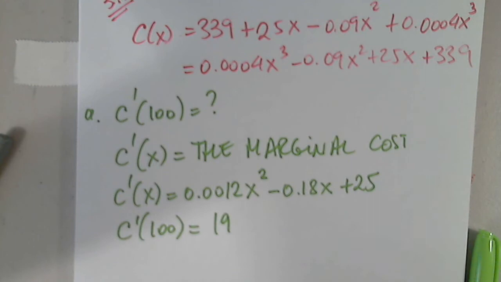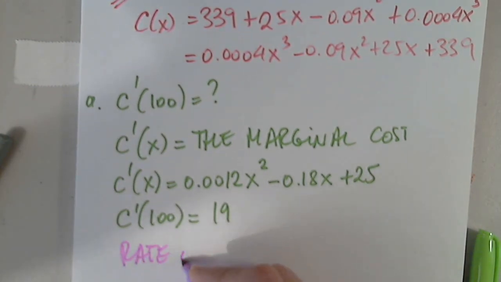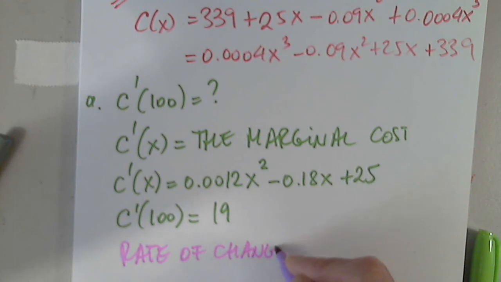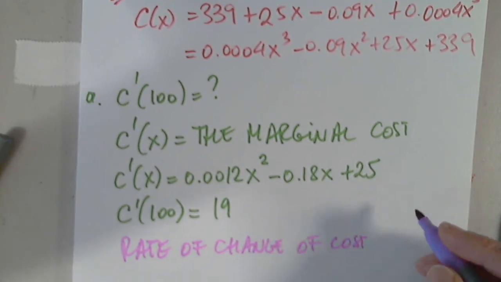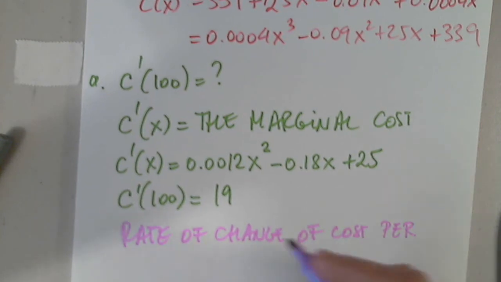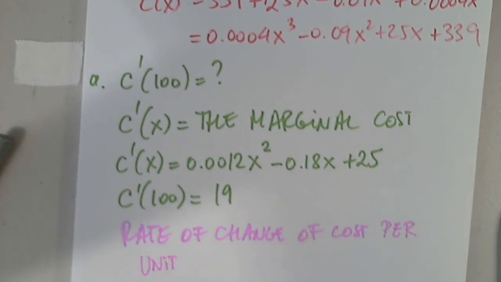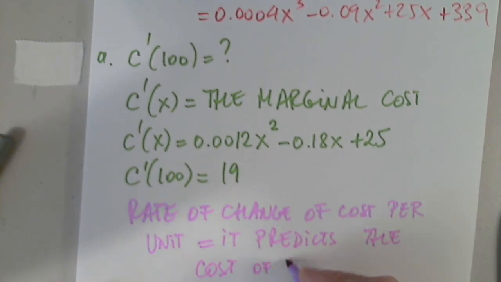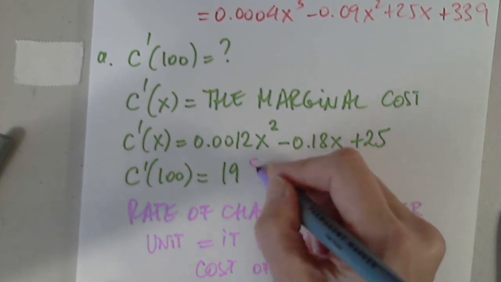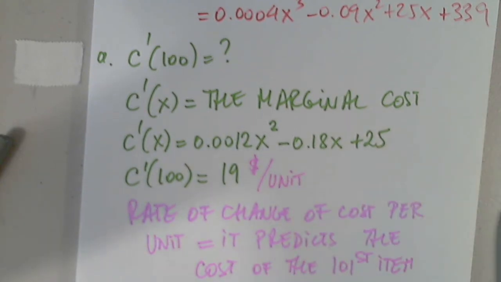It represents the rate of change of cost per unit. It predicts the cost of the 101st, dollars per unit. It predicts the cost of the 101st item.